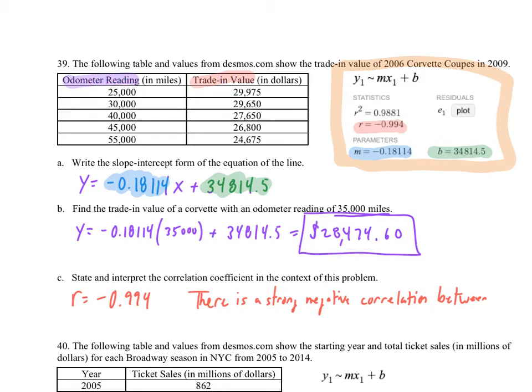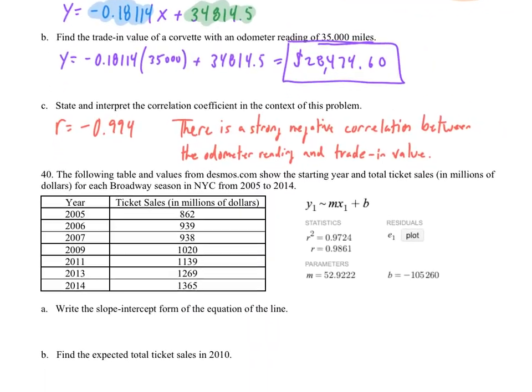One of the variables is the odometer reading, which just means how many miles are on the car. And the other variable is the trade-in value. That should make sense. The more miles you have on your car, the less it is worth. So as one thing is increasing, the other is decreasing. That's why it's a negative relationship.